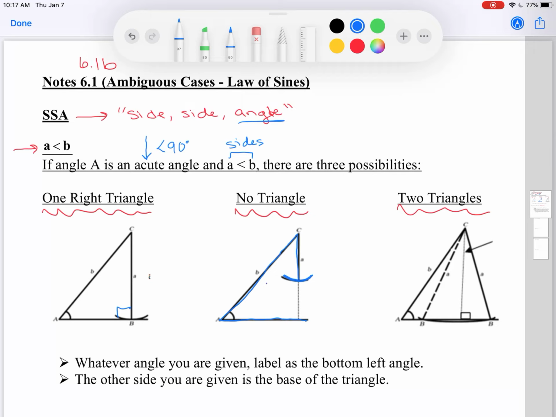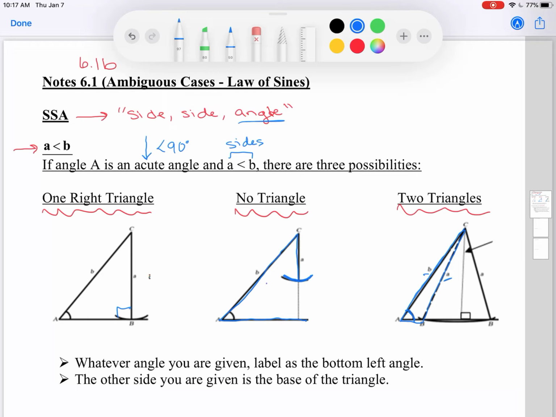In the third option for two triangles, we are looking at this triangle first, triangle ABC, this smaller one here. Okay, so for example, if I gave you angle A, which is in this corner, we would then know our side A here, followed by our side B or C, depending on what they gave us.